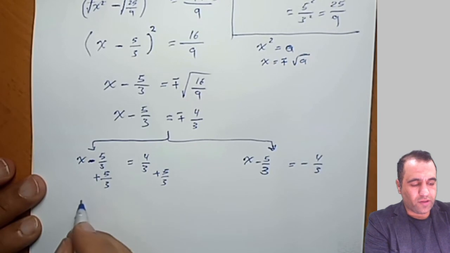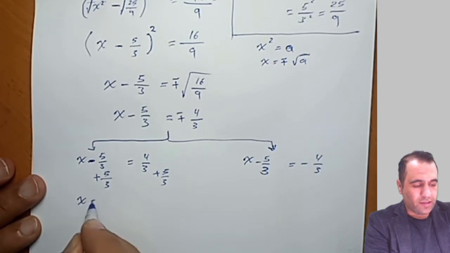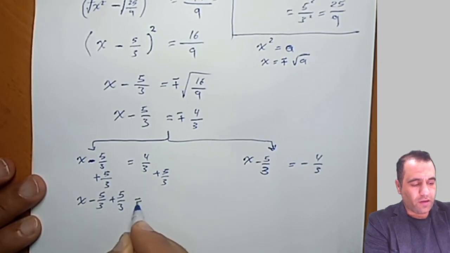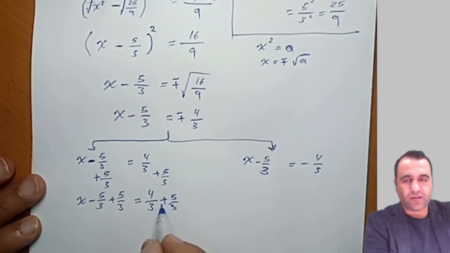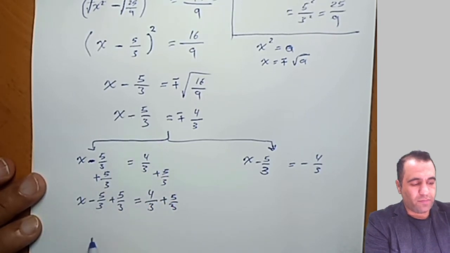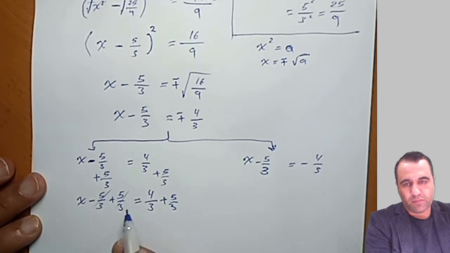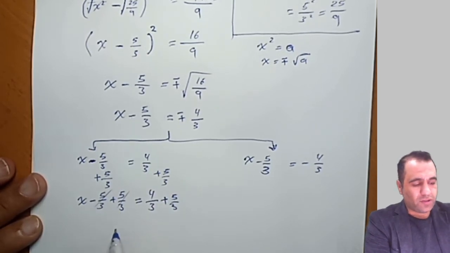I write it beside each other, so you know what we should do. So x minus 5 over 3 plus 5 over 3, and 4 over 3 plus 5 over 3. This one and this one go, because minus and plus cancel and become 0.